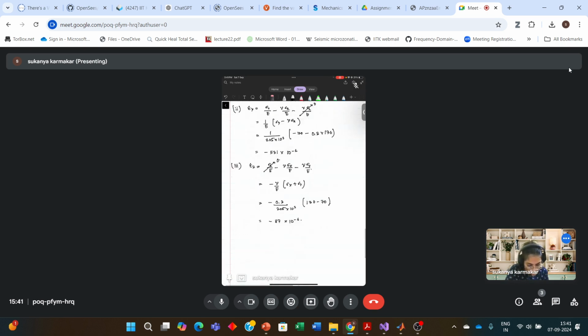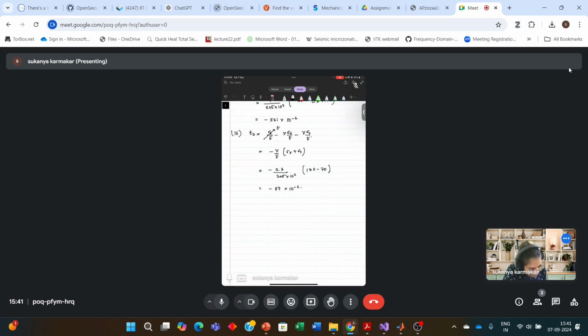shear strain. Now we know that E is equal to 2G times (1 plus nu). So what we can calculate is G equal to E by 2 times (1 plus nu). Now E is 205 into 10 to the power 3 by 2 times (1 plus 0.3).